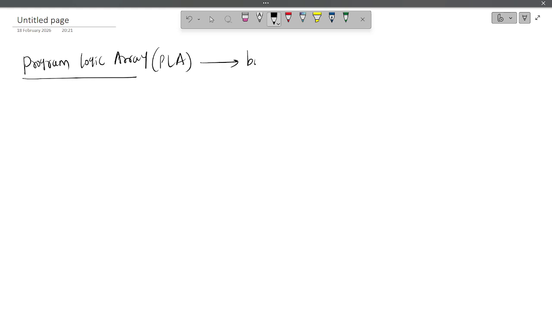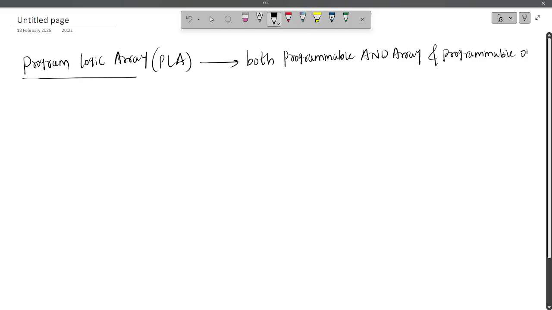In this PLA, both the AND array and the OR array are programmable. If you see the block diagram, both are programmable.